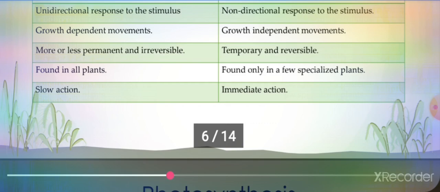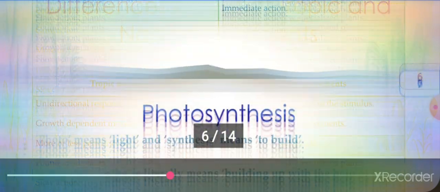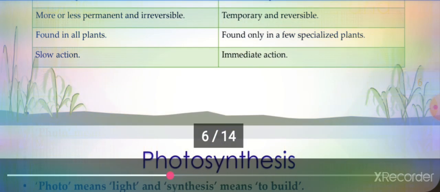And tropism is found in all plants. All plants, because the stem has to grow towards the light, the root has to grow towards the gravity, towards the water. So it is found in all plants. But nastic movements, they are found only in a few specialized plants like Ipomoea alba, moonflower, Taraxacum officinale, and even you can see that in Venus flytrap.